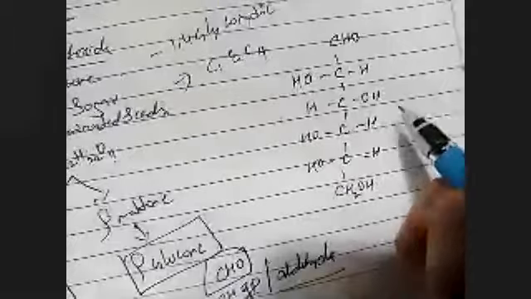So by this, what happened? The glycosidic bond will link from the first carbon to the fourth carbon, and it will become like this. Are you getting my point?